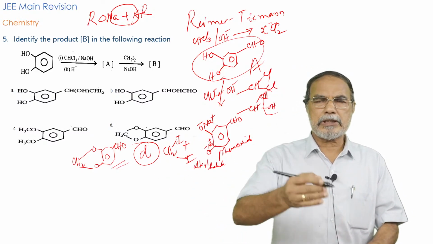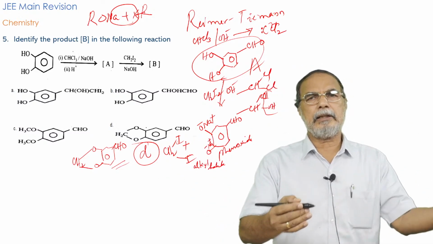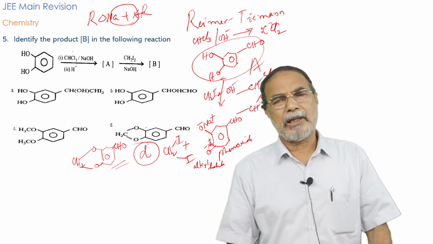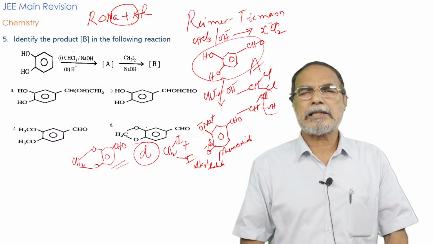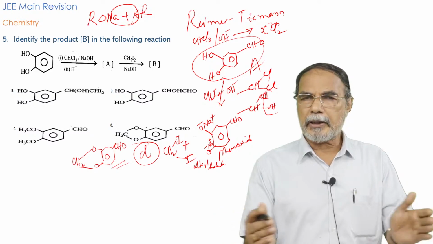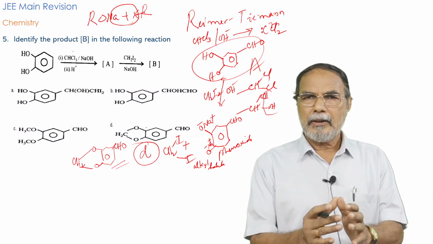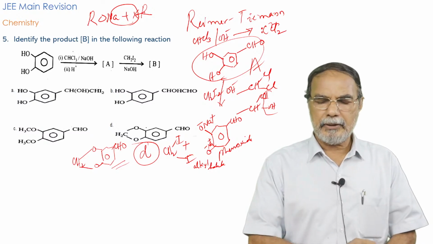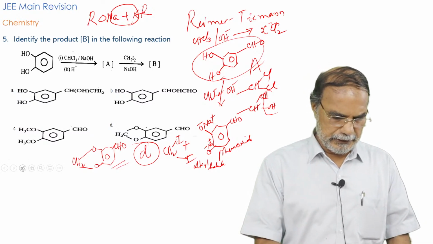So it is phenoxide coming and the halogen is getting displaced. So the reaction is Williamson synthesis. Mechanistically, it is an SN reaction, nucleophilic substitution reaction. So 2 important reactions combined to give a very interesting question, as I told you, the Reimer-Tiemann reaction and Williamson synthesis.